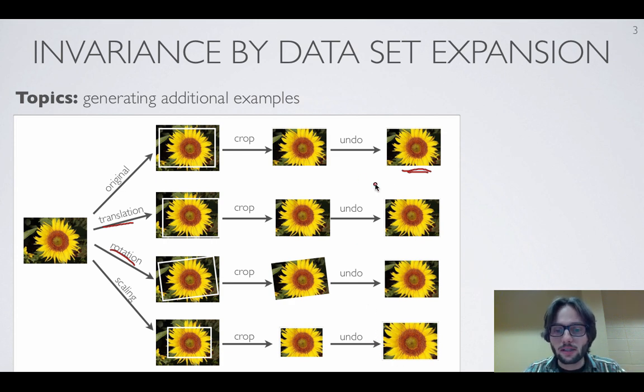I won't go into the detail of performing these operations. You need to do some sort of interpolation of pixels when you're doing these real-valued rotations or scalings. But often, if you have some software that allows you to manipulate images, you can do many of these operations. They often support it.